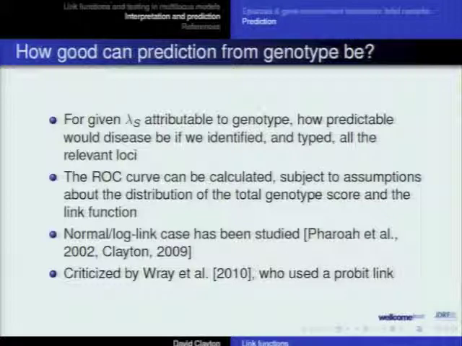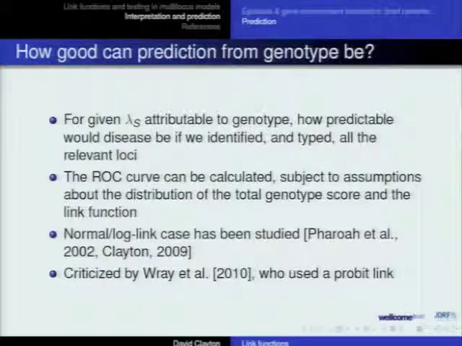And here there's an interesting question, which essentially says, given that we know the heritability, and perhaps we'll know the heritability rather better now, what is the potential for predicting the outcome, predicting disease, if we measured all the relevant genes? And this, of course, has relevance to the whole debate about personalized medicine and so on. That's really why people have started looking at this question.